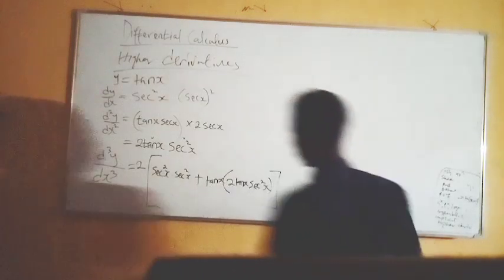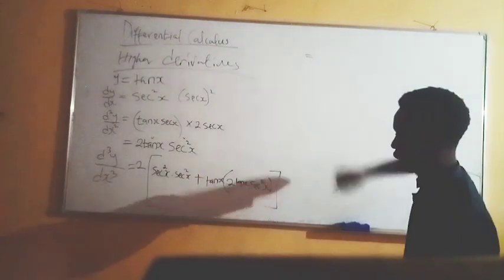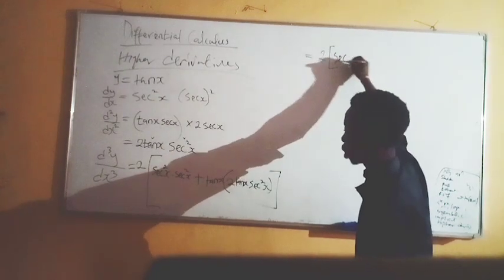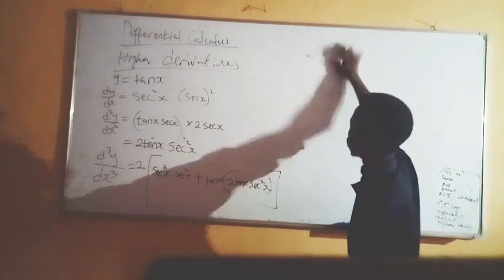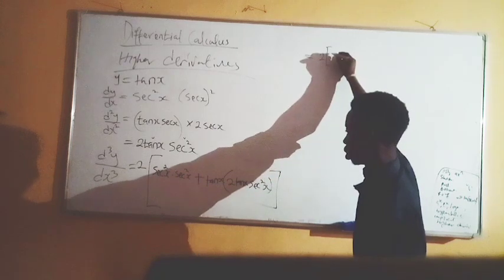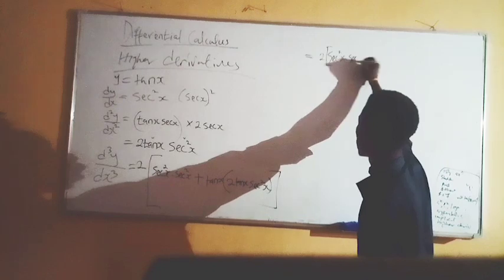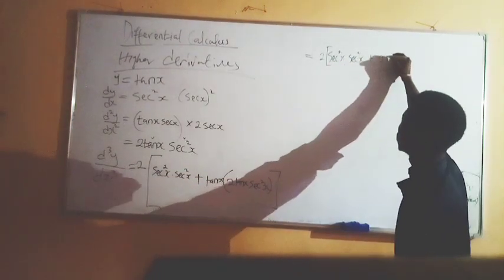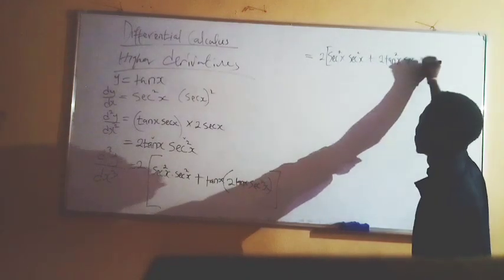So this gives us, if we open the bracket, okay, let's look at it again. We have 2 sec squared x times sec squared x, plus 2 tan squared x sec squared x.